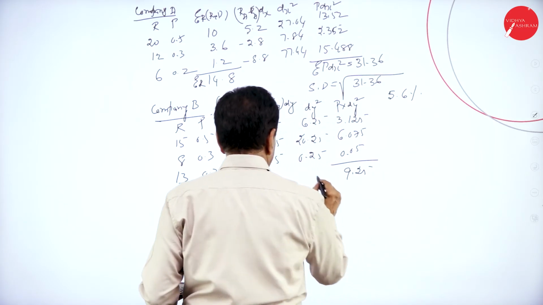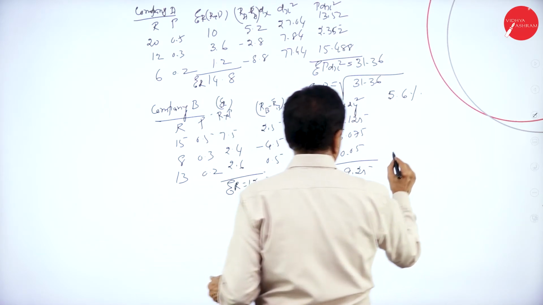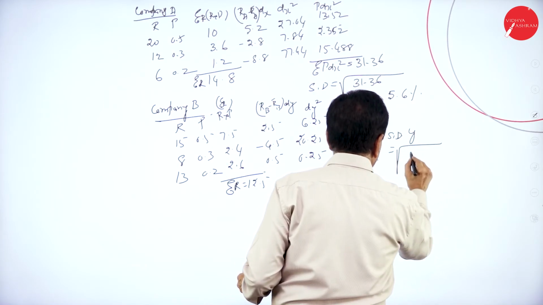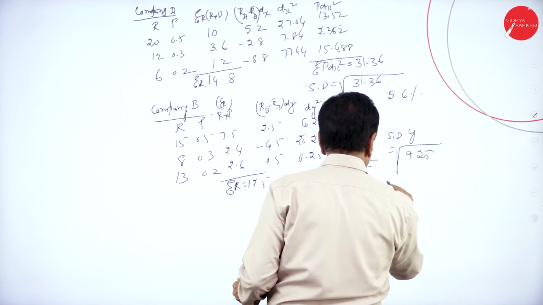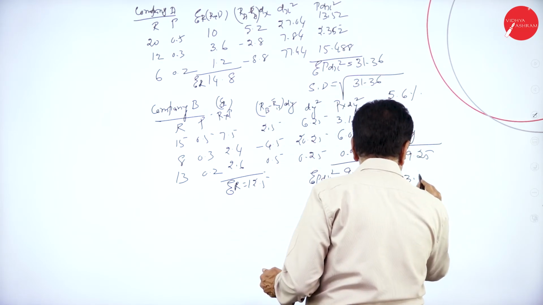This is sigma p dy square. So standard deviation of y, root of 9.25, is 3.04%.